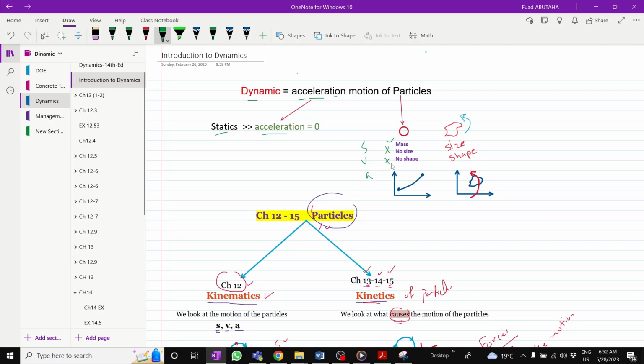There is no information about the size or shape of the particle; we don't consider that information. But starting from chapter 16, we start looking at the rigid body, so size and shape information will be considered in the questions in this chapter.